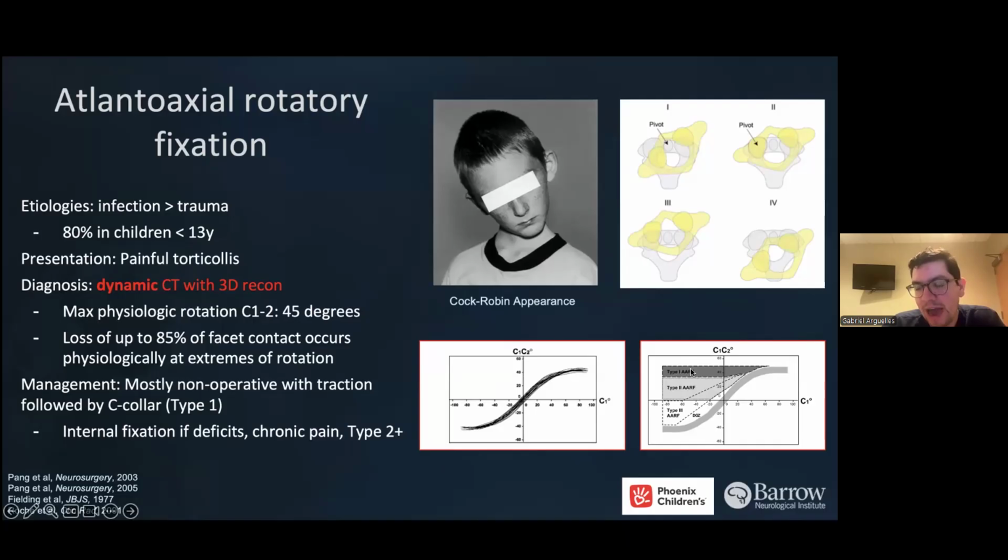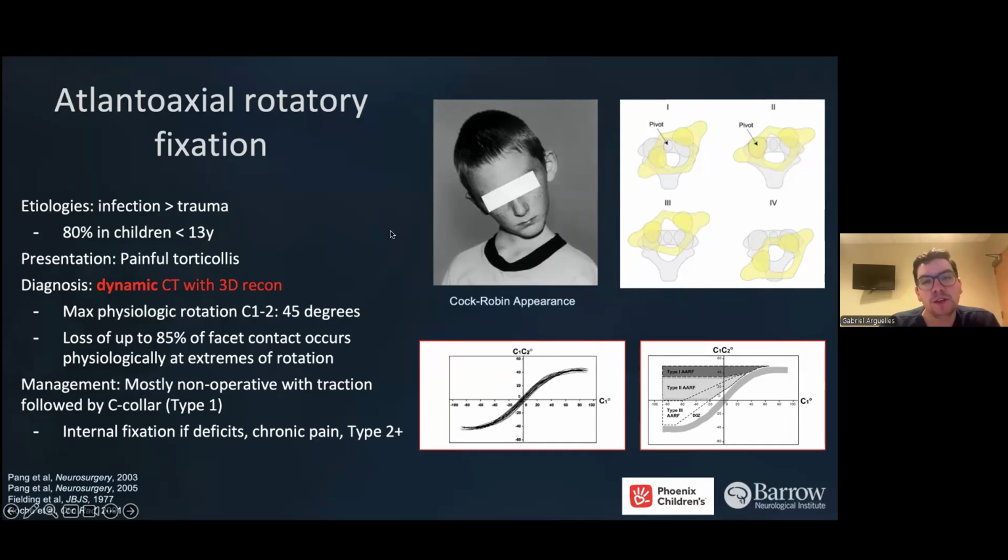This outlines what you can see when you get atlantoaxial rotatory fixation. In the worst type, which Pang termed type 1, you have less than about 20% of the full range of motion, so you're really just staying at one part of the curve. You're not able to turn very well because you're fixated in one direction.